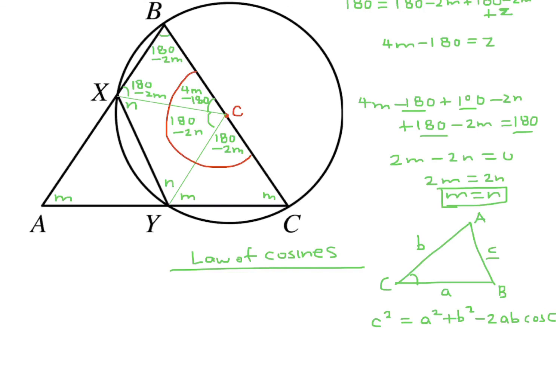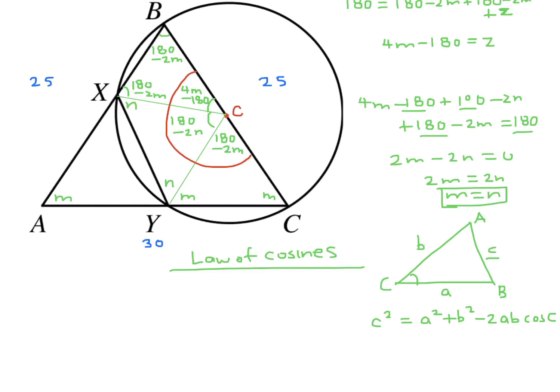And if you remember, if you label this, this whole thing, AB right there, was 25. This BC was also 25, and AC was 30 right there. So we are going to do the law of cosines on the entire triangle like that.